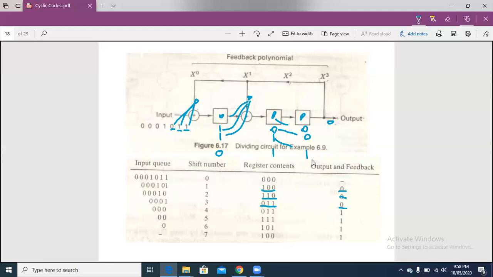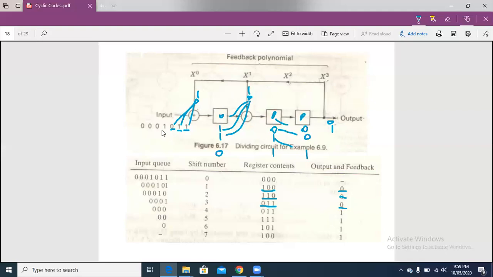Now this one is fed back at the output. So now we have one here and we have one here.